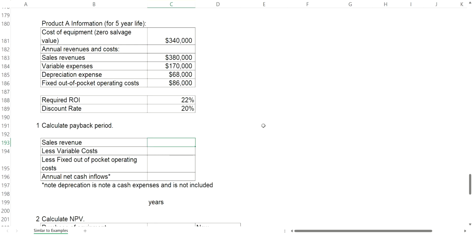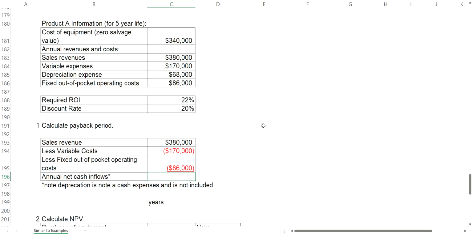First of all, we would take the yearly sales revenue of $340,000. Oh, sorry, that's $380,000. We would subtract out the variable cost of $170,000 and the fixed cost of $86,000. Now notice I did not subtract out the depreciation of $68,000 because that's a non-cash expense.